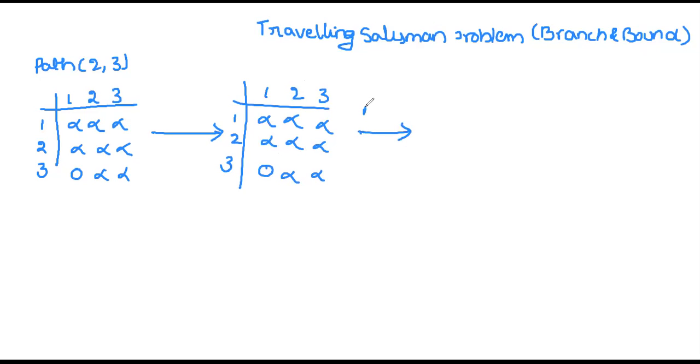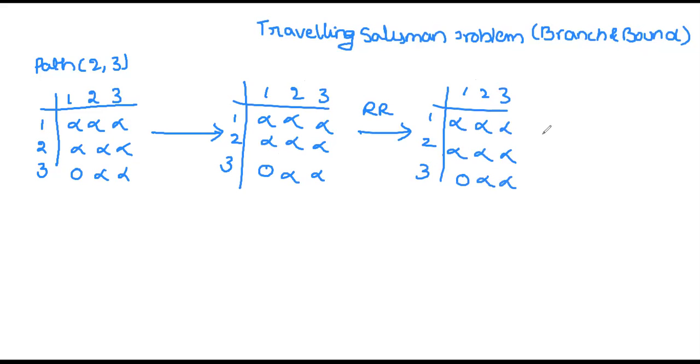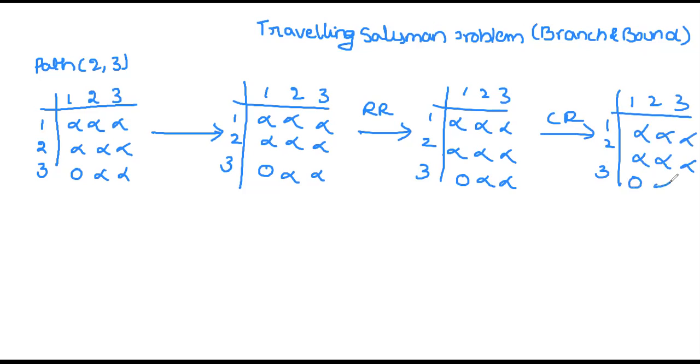So here, row reduction: we are going to apply it, and there is no change. Infinity, infinity, infinity, 0, infinity, infinity. In the same way, we apply column reduction. Here also there is no change in the matrix. Infinity, infinity, infinity, infinity, infinity, infinity, 0, infinity, infinity. So here the total reduction becomes 0.